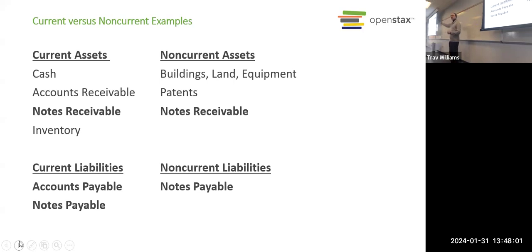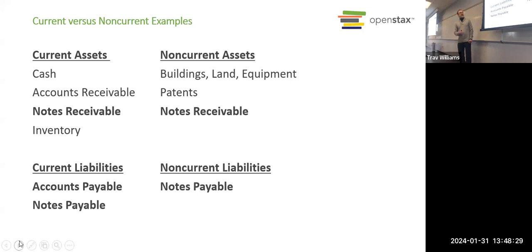If we expect that we're going to be paying it after this year, then it's a long-term or non-current note payable. If we're going to start making payments this year, but will not be done, and we're going to have to keep making payments after this year, then it's a long-term note, but part of it is current. So in that case, it kind of falls into both categories.